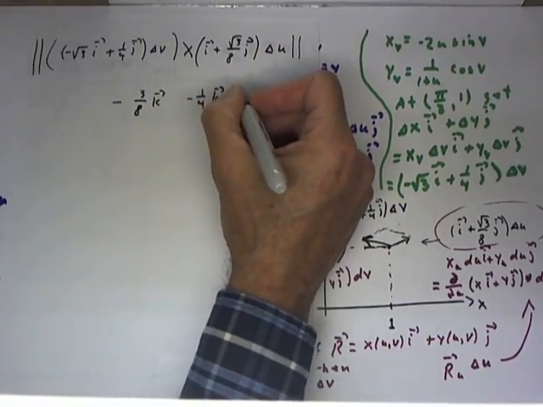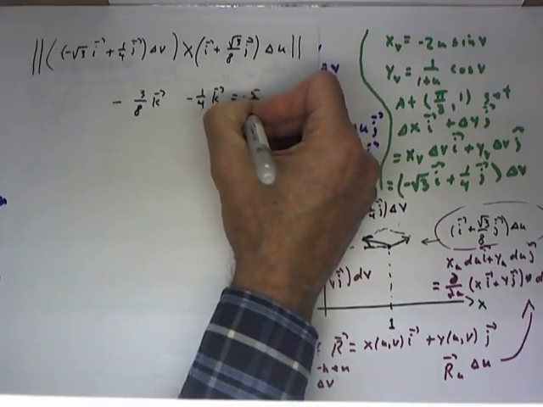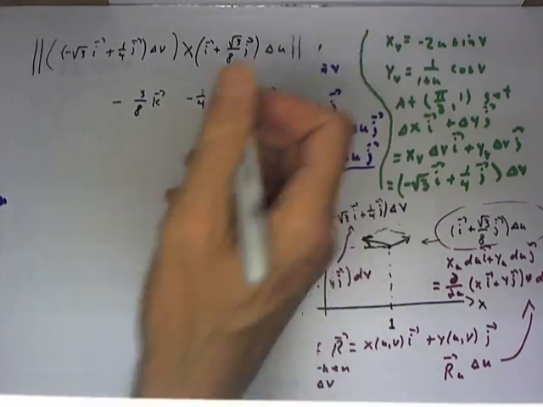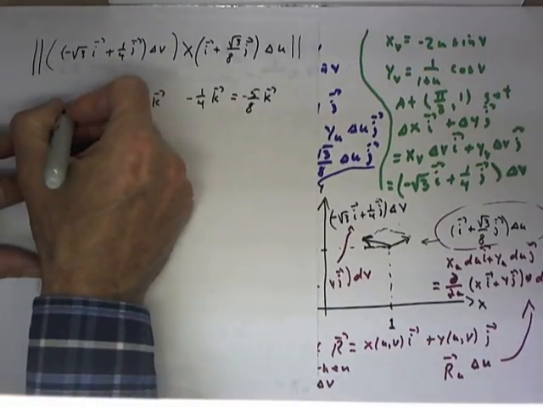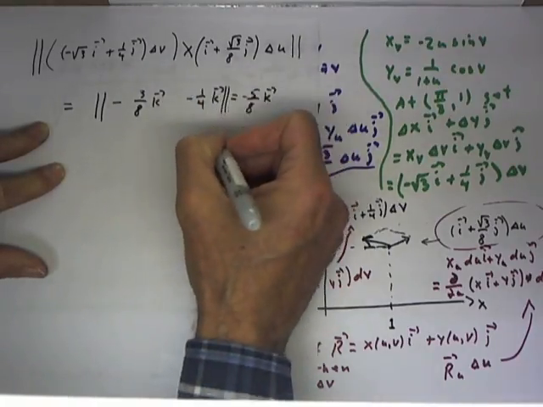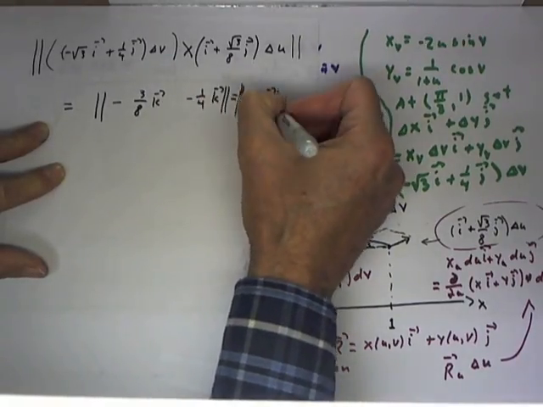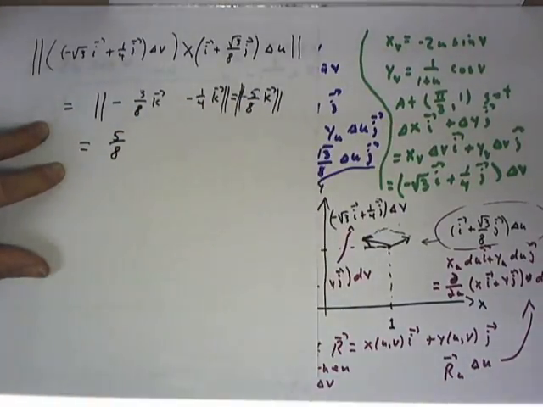And of course, negative 3/8 and negative 1/4 is negative 5/8 k. So we're going to say that the magnitude of this cross product is the magnitude of this, which is 5/8.